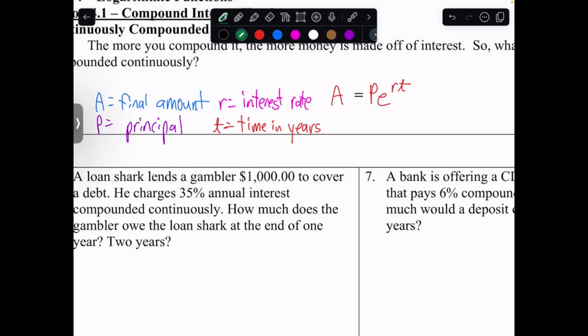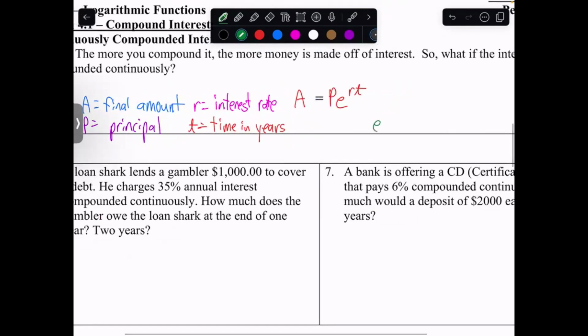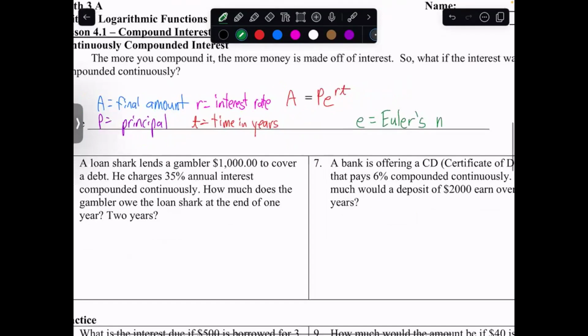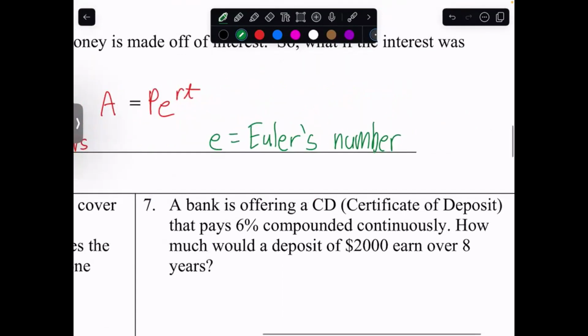Specifically, e is called Euler's number. It's not pronounced "Yuler," it's "Oiler." Euler's number, actually, I should say, not Euler's constant, is what it's more commonly called. You don't need to memorize this, but Euler's number is approximately 2.718.